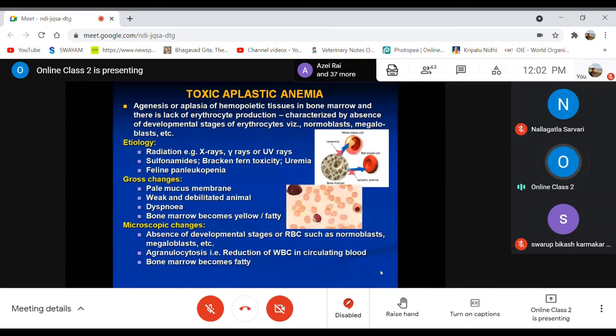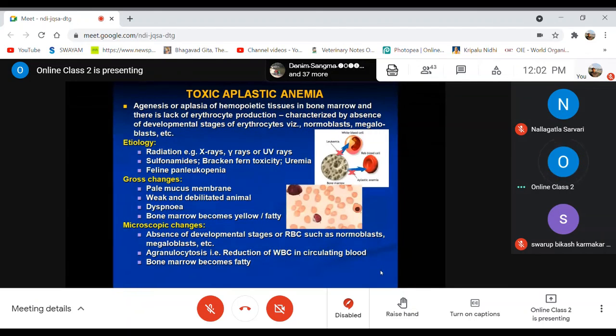Then, if you see animals having this problem, there will be marked paleness of the mucous membrane. The animal will be very weak and debilitated, with difficulty in breathing, dyspnea. The bone marrow becomes very yellowish and fatty in nature.